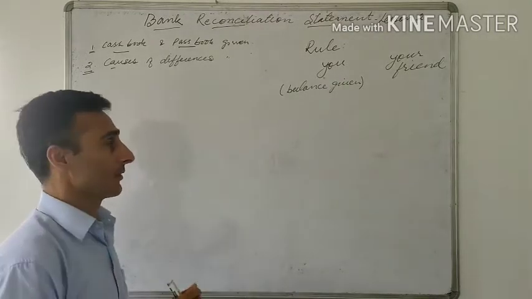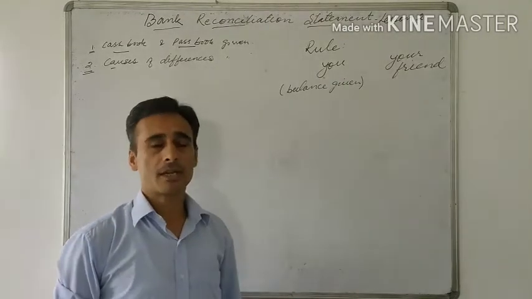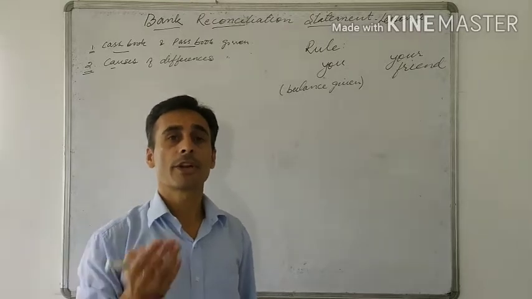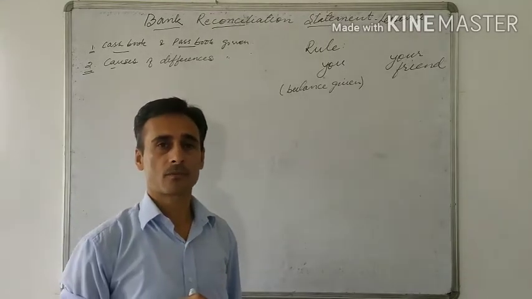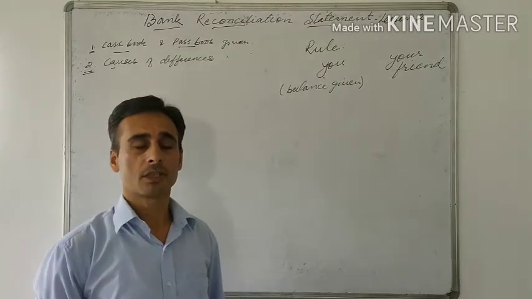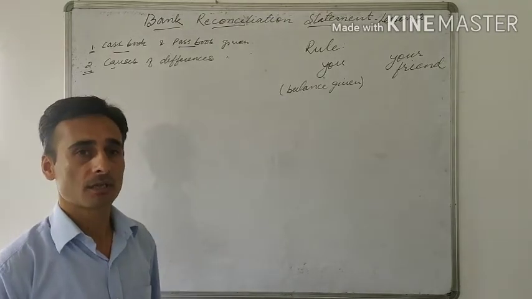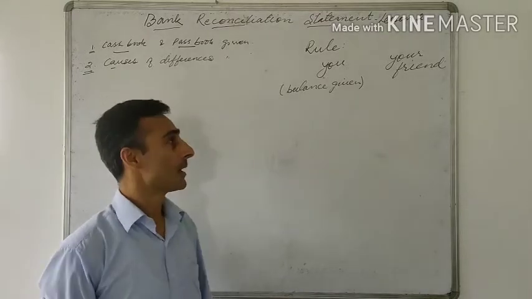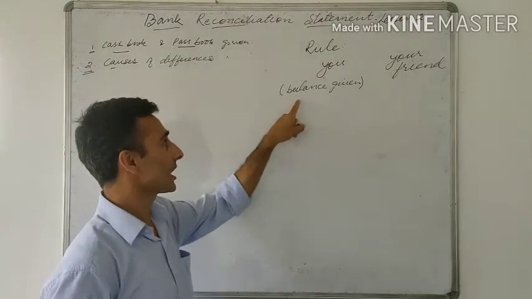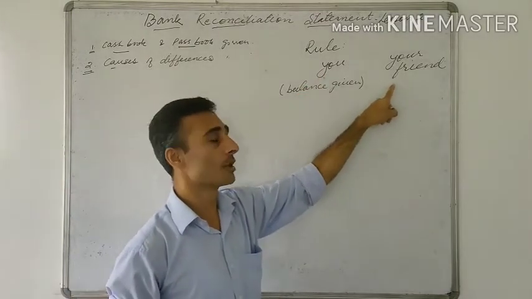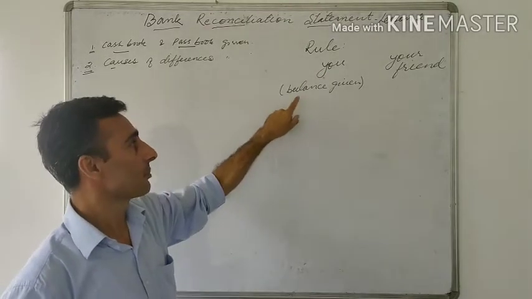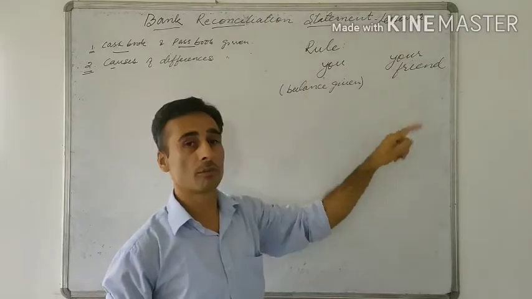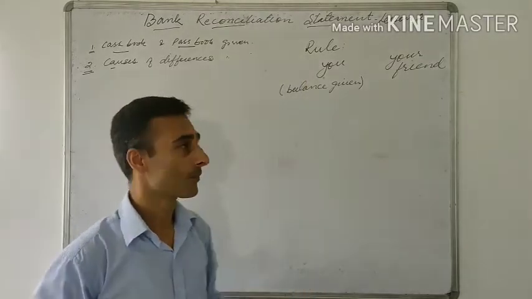Like what is balance given? While preparing a bank reconciliation statement, you require balance either of cash book or passbook. You need to start with the passbook balance or the cash book balance, and this should be given in the question. So if the cash book balance is given, then cash book will be you and passbook will be your friend. If the passbook balance is given, then passbook will be you and cash book will be your friend. Got it?